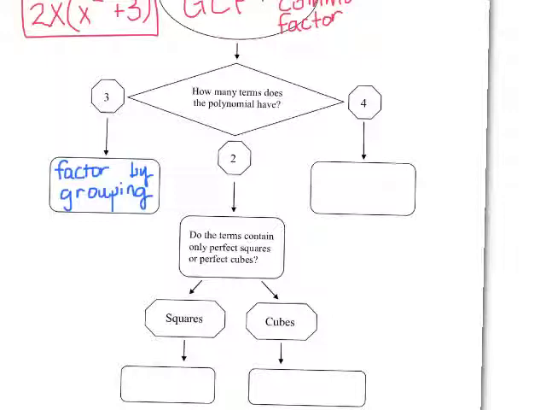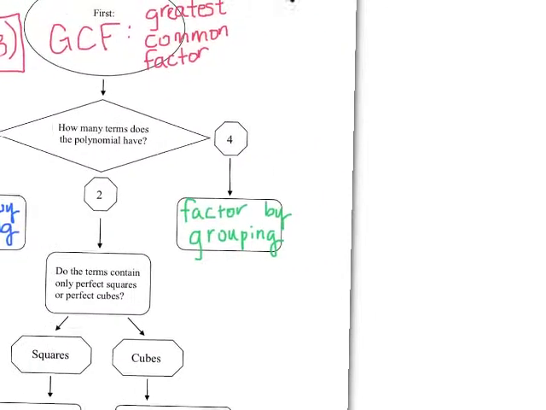Now if we have 4 terms, it is also factor by grouping. So I'm not going to write these steps again because you're going to see how similar it is. So we have 4 terms. It would look something like this.